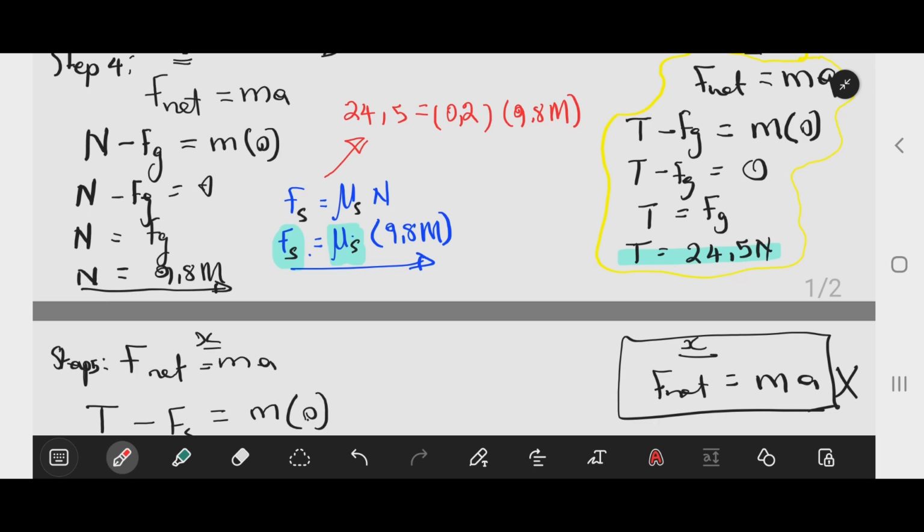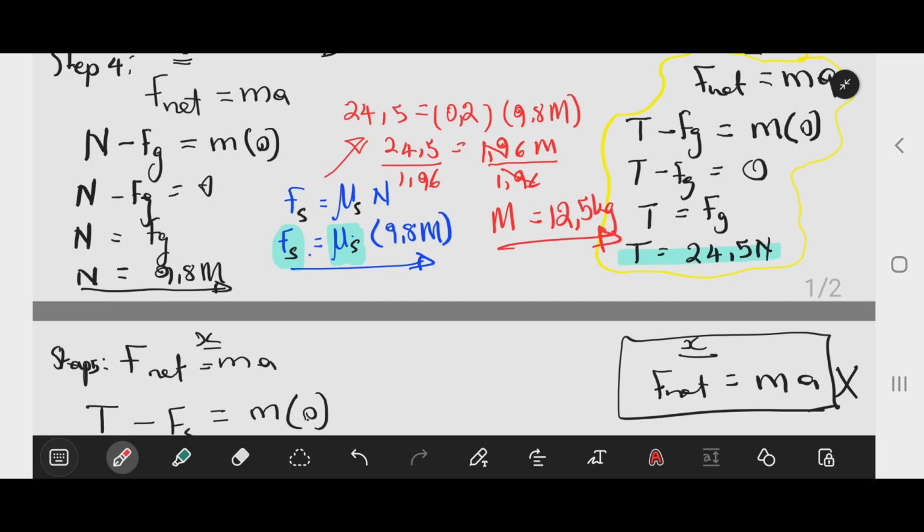So that would be 24.5 equals 0.2 multiplied by 9.8, which is 1.96 m. Divide both sides by 1.96, and the mass is equal to 24.5 divided by 1.96. And the mass we get is 12.5 kg.